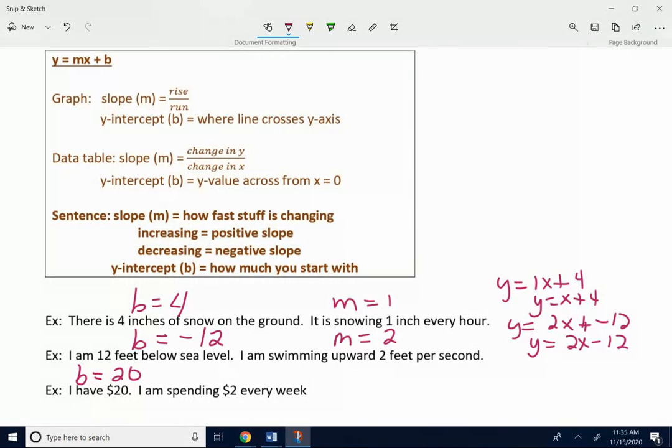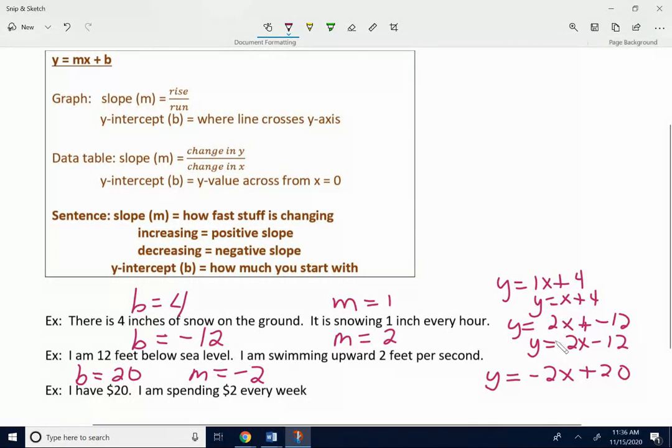So your money is decreasing by $2 every week, so your slope is negative 2. So your equation for that sentence would be y equals negative 2x plus 20. Again, we're going to be doing this a lot. This is just dipping our toes into it.